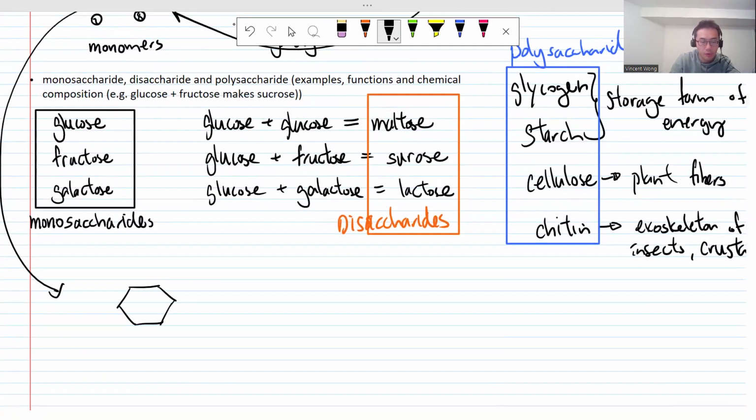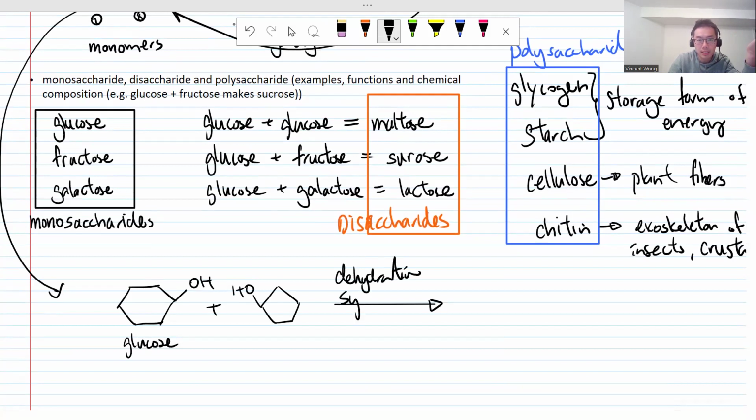You're not going to have to draw them, but I'm just going to use a hexagon to represent the glucose, and it has an OH in it. So let's say we have glucose here, and the fructose has a pentagon shape in its structure. So let's say there's an OH here as well. So if you put them together and you join them through dehydration synthesis, what are you going to get?